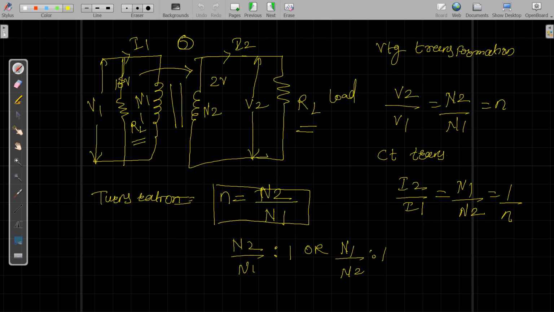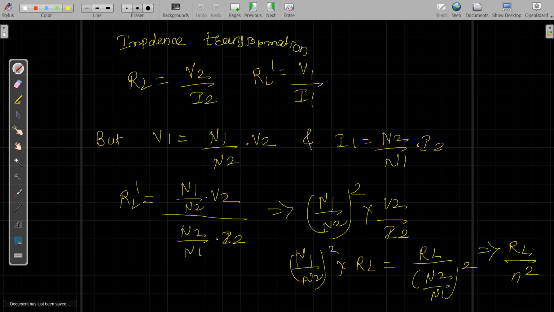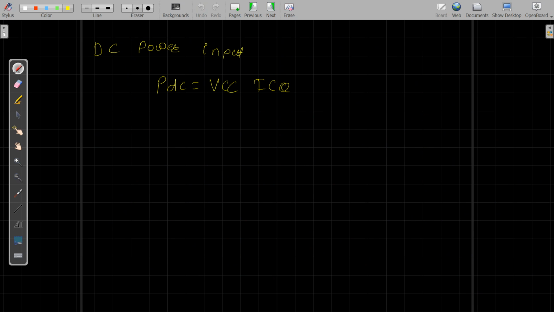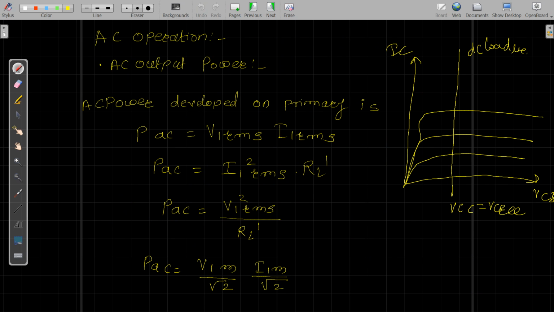See here, on the secondary the load is RL, at the primary the load is RL dash, and because of that we are going to draw the slope with minus 1 by RL dash, which is going to pass through the operating point Q, and that is nothing but our AC load line analysis. That means this is our AC load line with a slope of minus 1 by RL dash.